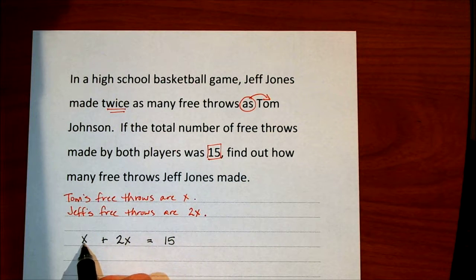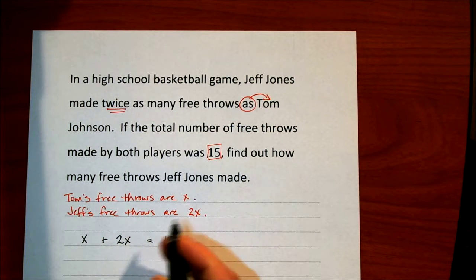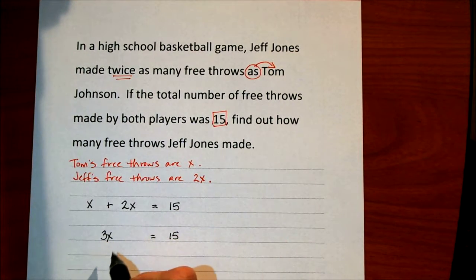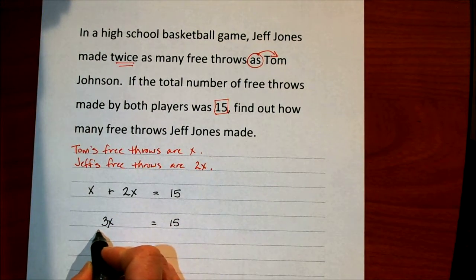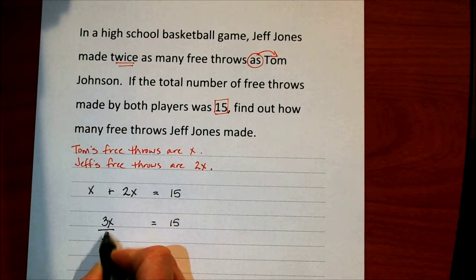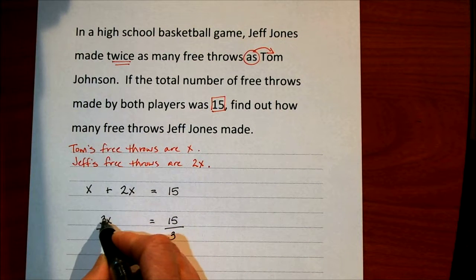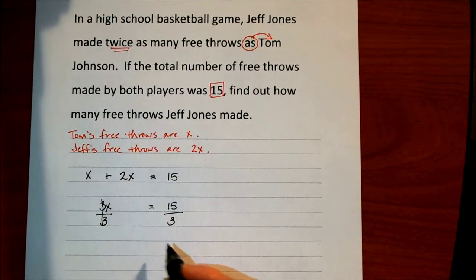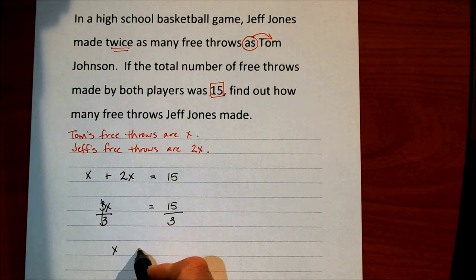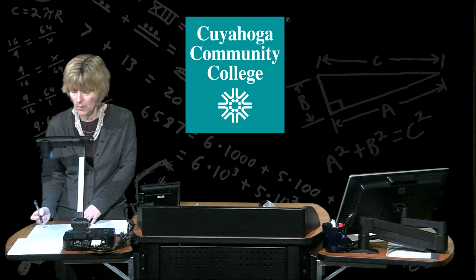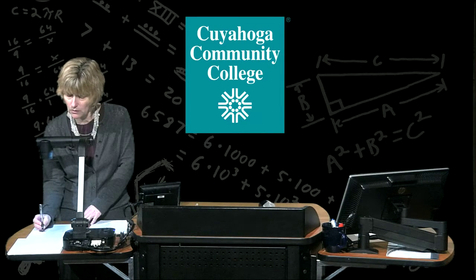So we have 1x plus 2x, which gives us 3x, and that equals 15. Now again, we want to get x by itself, so we're going to divide by 3, and what we do to the left side, we also want to do to the right side of the problem. This, of course, becomes x equals 5. Now again, we have to go back to our problem and find out what was the question we were being asked.